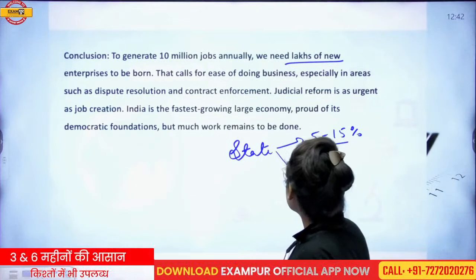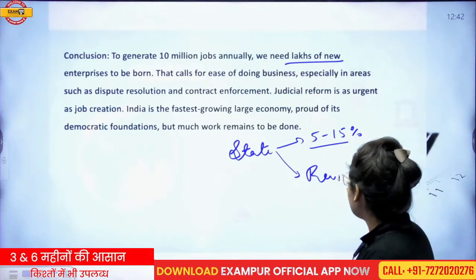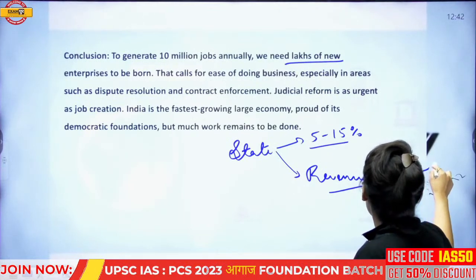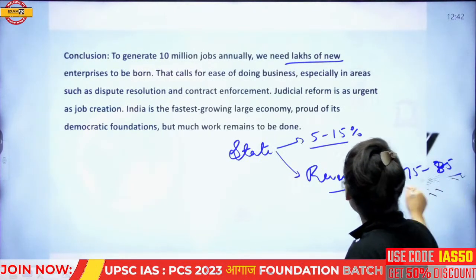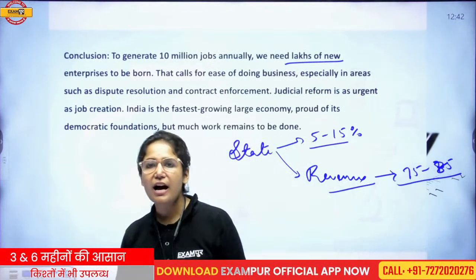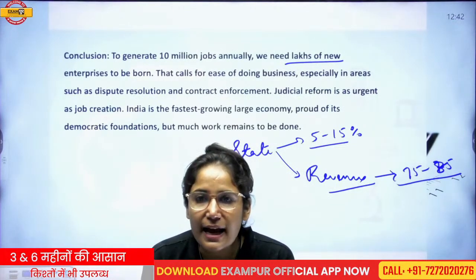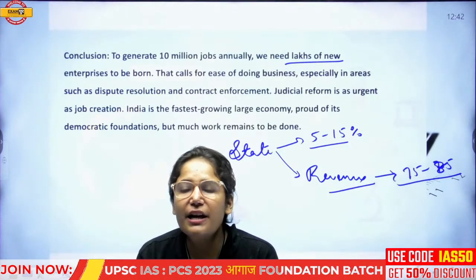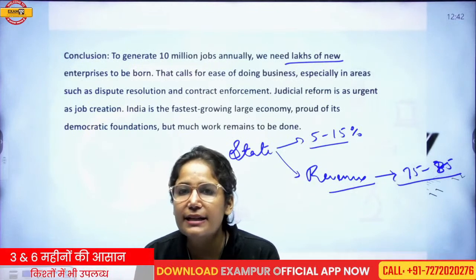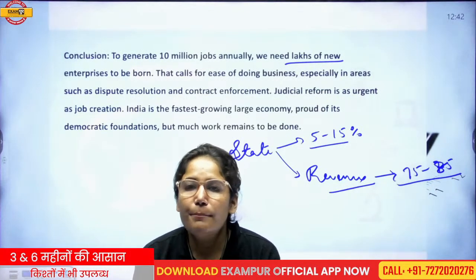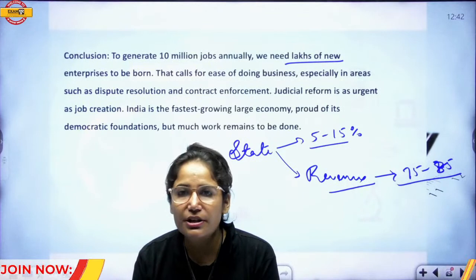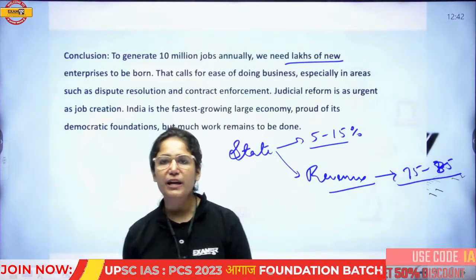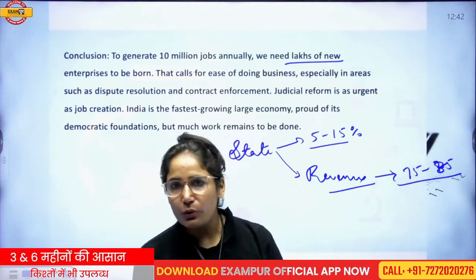But if we consider the revenue part, revenue expenditure makes up 75 to 85%. It means we are spending our money only on salaries, subsidies, and interest payments. But where we are required to make investment, that is capital formation, so that most of the employment generation could be attained, and out of that employment generation you would be able to solve the problem of inequality.